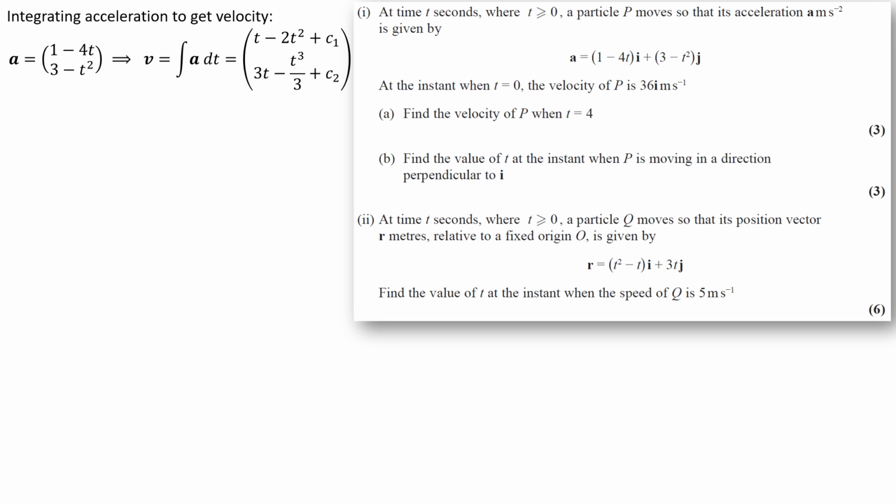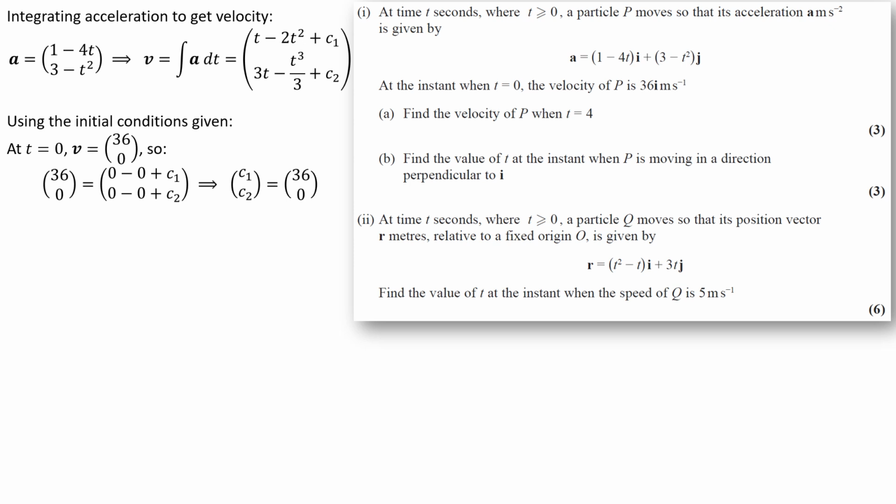But before I do that, it tells me at the instant when t equals 0, the velocity of P is 36i meters per second. I've got to take that into account. You can see I've got a c1 and a c2, constants of integration, in my vector. So if I use those initial conditions, I should be able to find the values of c1 and c2.